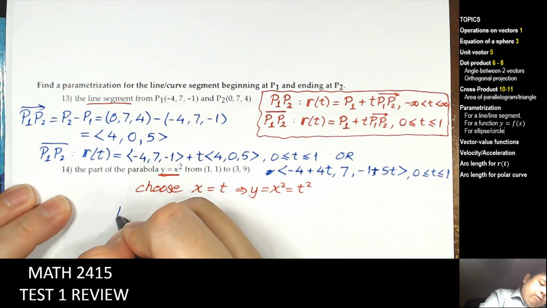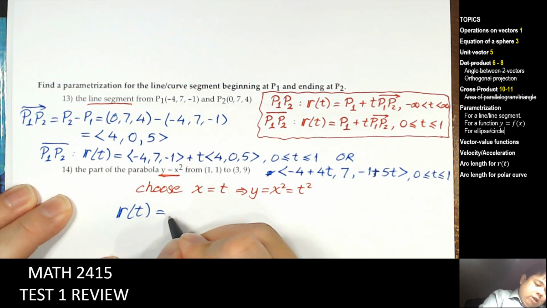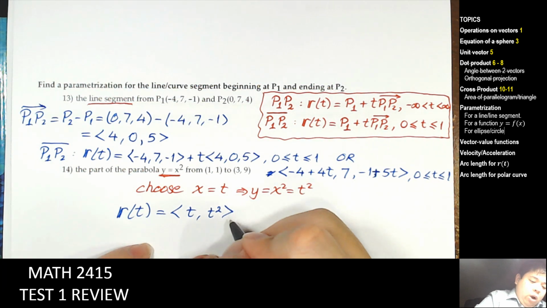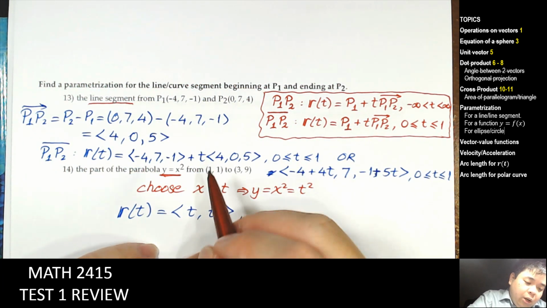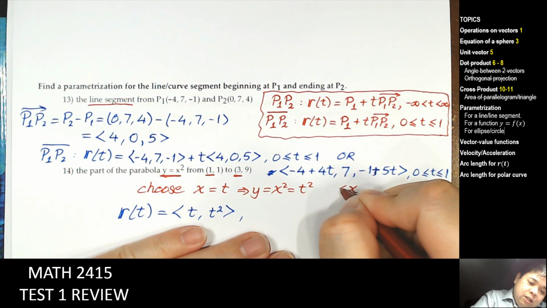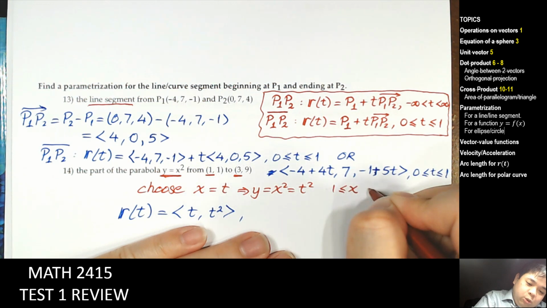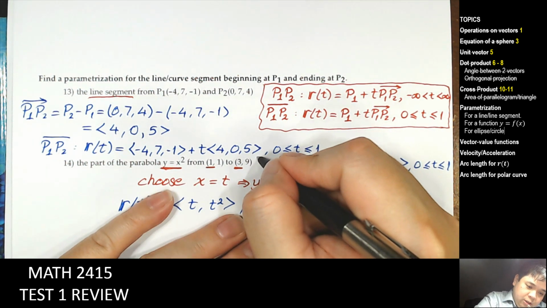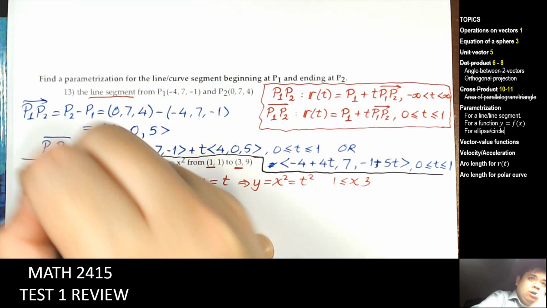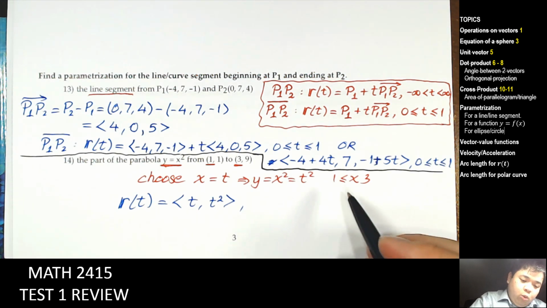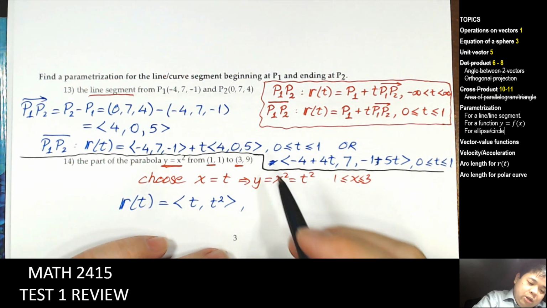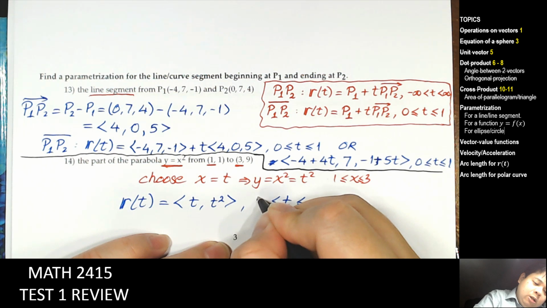So the curve we have is x is t, y is t squared, where, notice here we have x going from 1 to 3. x is between 1 and 3, but x is exactly t, so here t is also between 1 and 3.